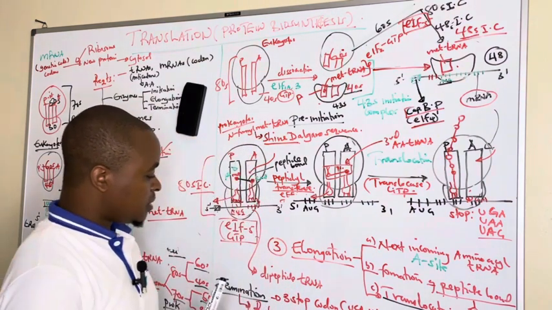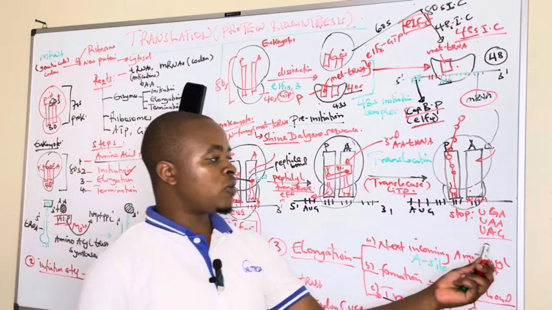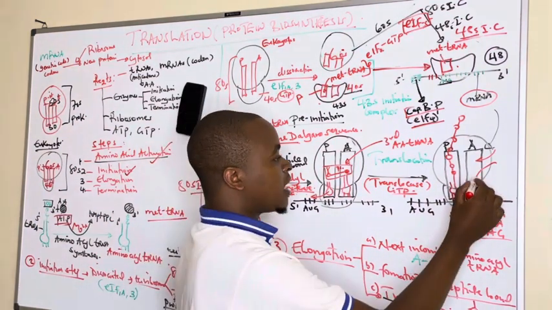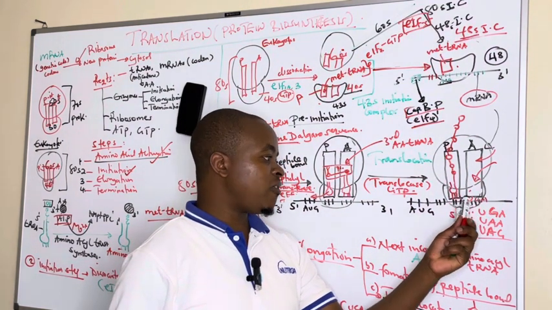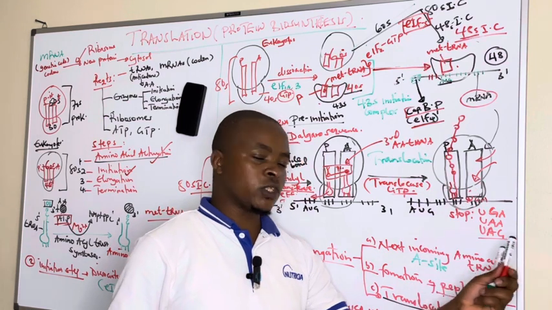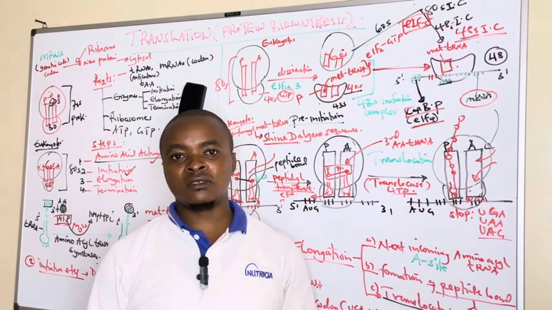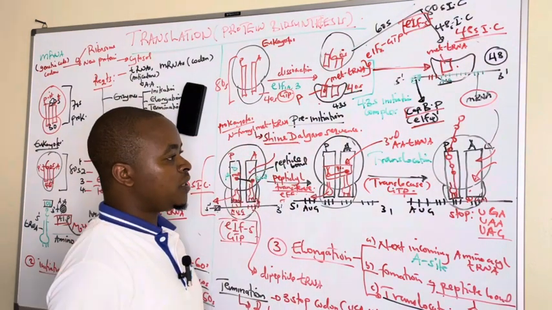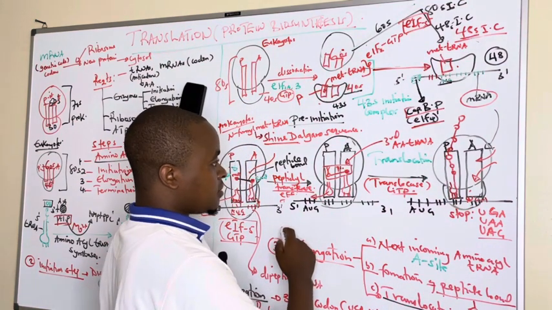But what happens is the release factor comes into play, and we know that stop codons do not code for any amino acid. So the transfer RNA comes empty, because there is no amino acid specified for these three nonsense codons. Because of that, we see the release factor coming into play, hydrolyzing peptidyltransferase.